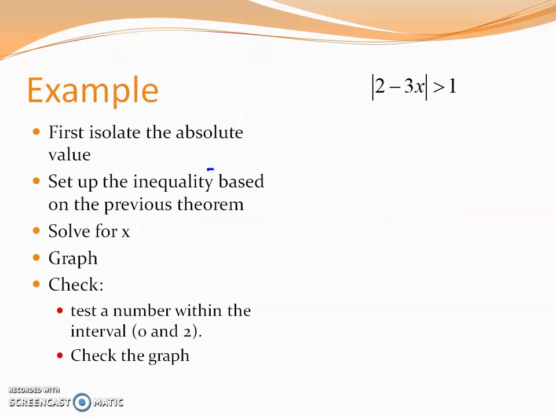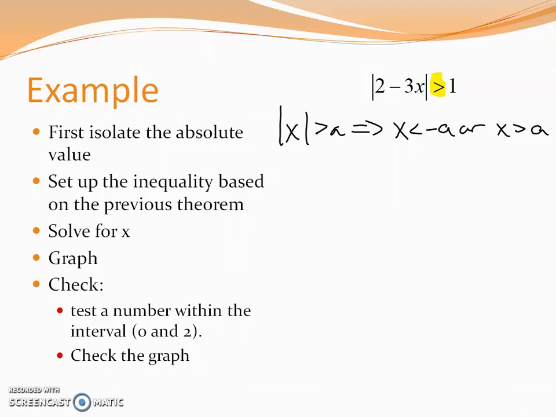So let's do one example here. Again, the first thing that we have to do with this example is make sure that we get our absolute value isolated by itself first, which this one is. After you get it isolated, you are then going to look at the inequality sign. And this says that it is a greater than. So since that is a greater than, we are going to remember that the absolute value of x greater than a implies the statement x is less than negative a, or x is greater than positive a.